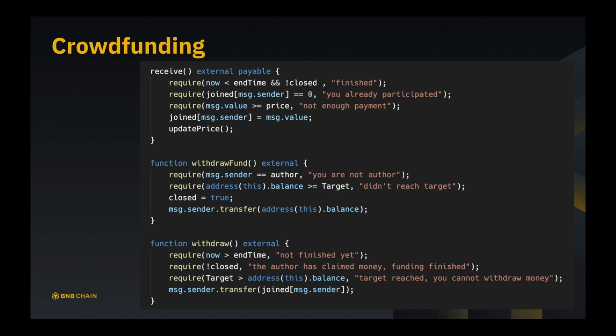If it succeeds, then you cannot. If all of these conditions pass, we did not trigger not finished yet, we did not trigger author claimed money, we did not trigger target reached, then we will be able to transfer money. So we call msg.sender.transfer(join[msg.sender]). Remember that join of the address is the money that we stored, how much he has already participated and paid to the current contract. We just pay it back.